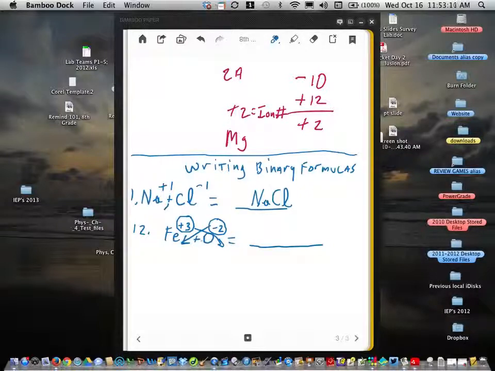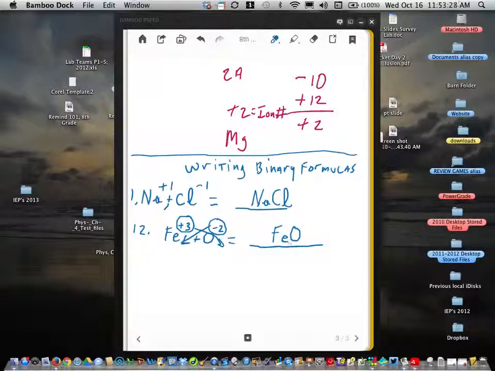This is some iron and this is oxygen. This is called rusting. So when it's done, you're going to form this stuff called FeO. It's a compound. It's made of 2 elements combined together, and it's called rust in common language.